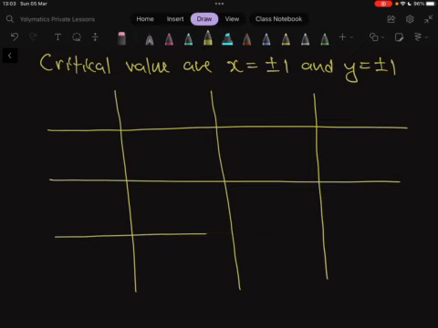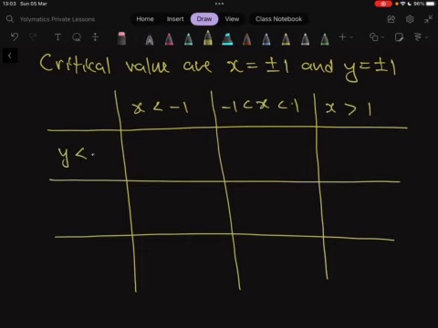I know that x is less than -1, x is greater than -1 and less than 1, and x is greater than 1. And also y can be less than -1, between -1 and 1, and y greater than 1, like that.